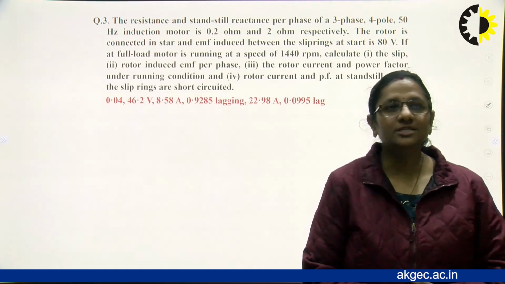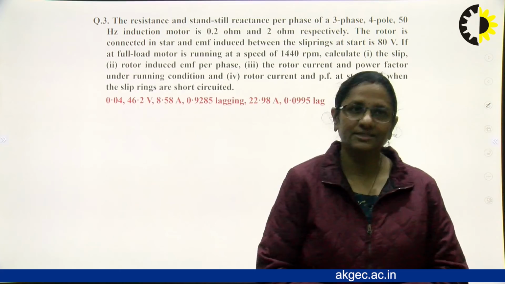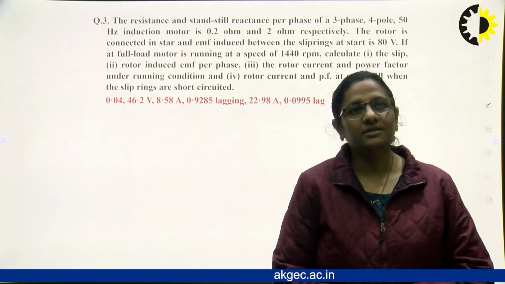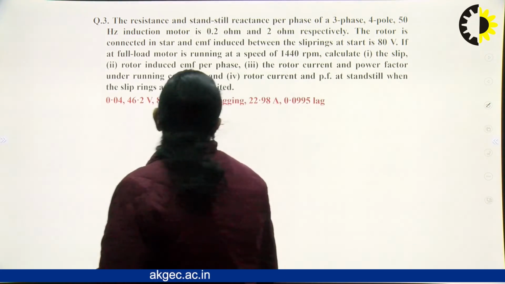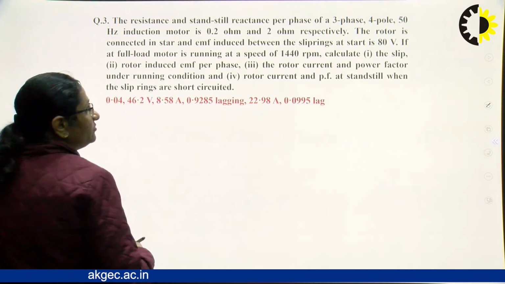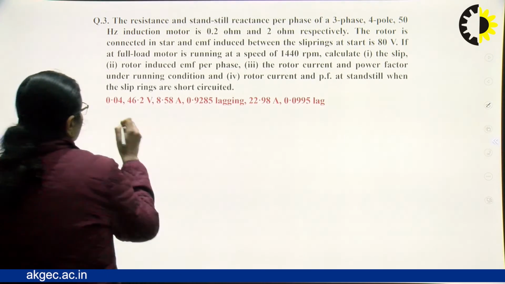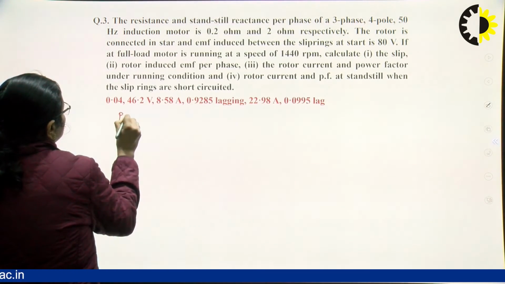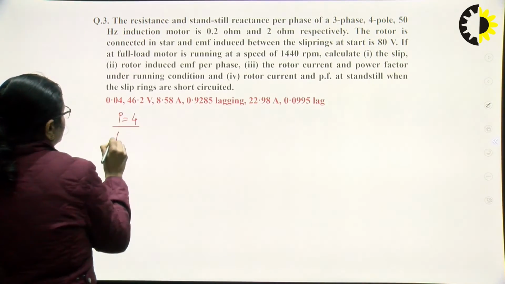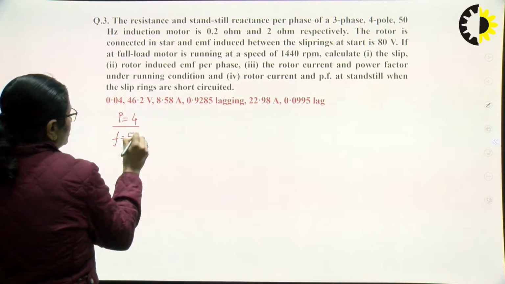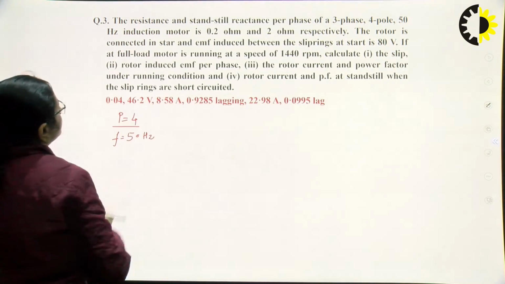So this is basically the rotor circuit resistance and the reactance under standstill condition. The machine is a 3-phase machine. Number of poles for which the machine is wound is 4. The frequency of supply given to the machine is 50 Hz.